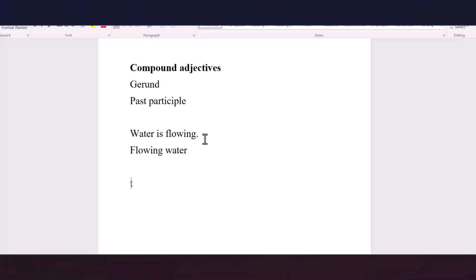Or when the car is running, when we want to refer to this car, more specifically with information that we know about this car, we say the running car.